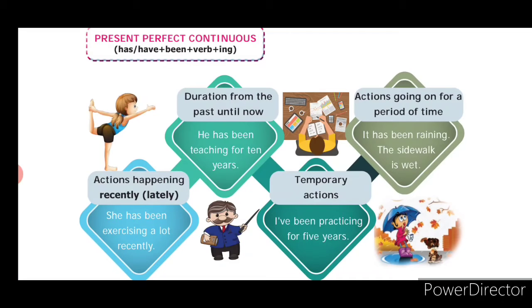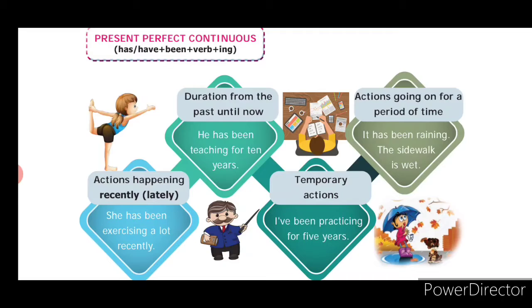So now let us discuss present perfect continuous tense. First let us see the structure of present perfect continuous tense: subject plus has or have plus been plus verb plus ing. What is the structure of present perfect continuous tense? Subject plus has or have plus been plus verb plus ing.